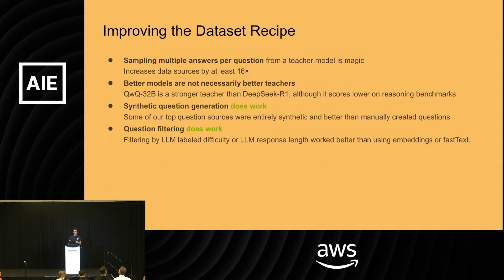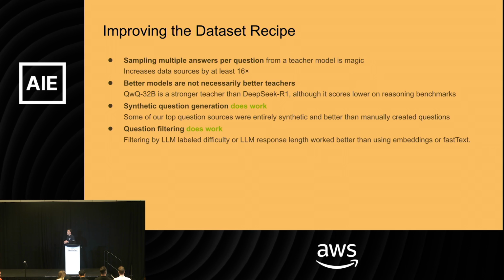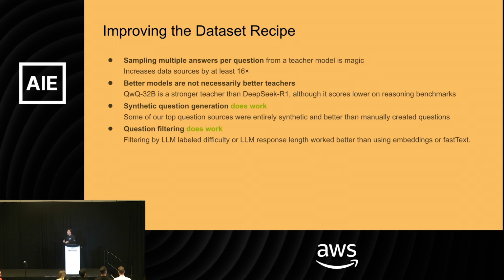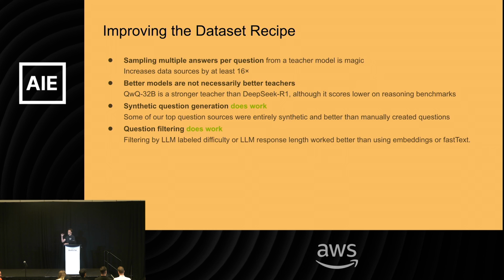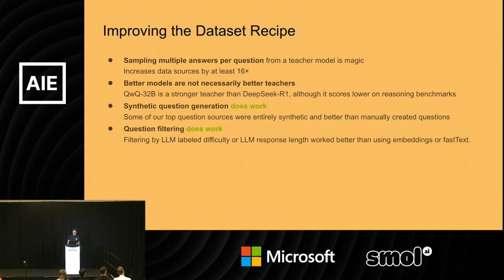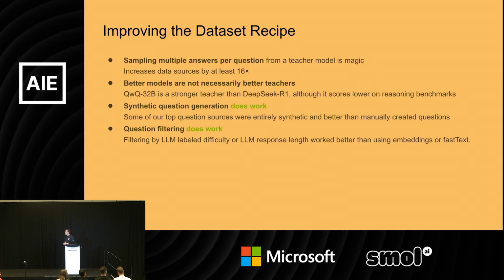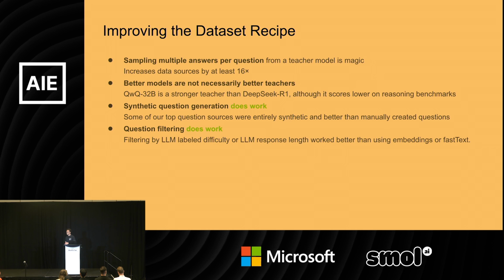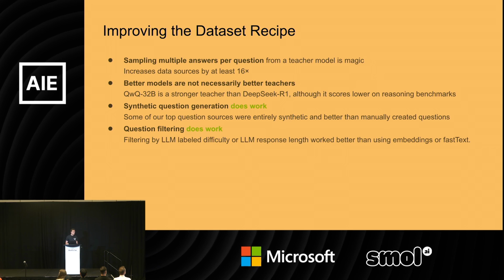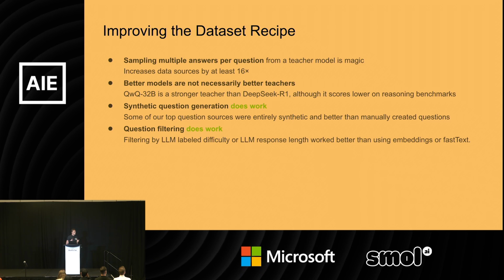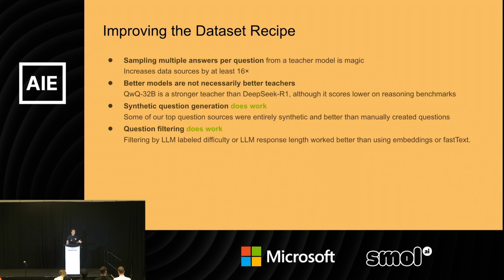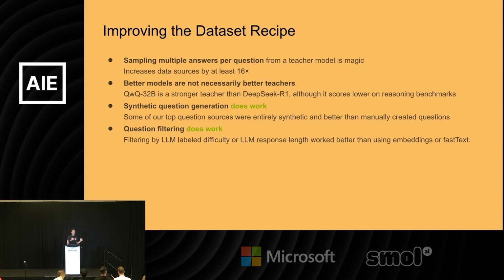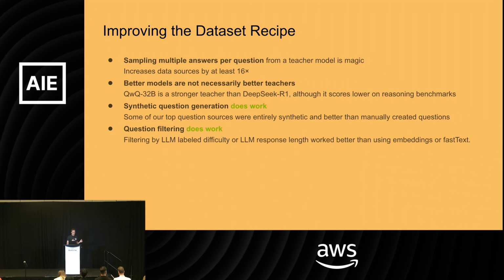You can imagine that if a problem is a lot harder, then a language model will think more and produce more text, so its answer will be longer. And these things worked better than embeddings-based approaches or fastText classifiers, which is interesting insofar as those approaches were typical for pre-training. So it seems that filtering data for post-training is quite different from pre-training.